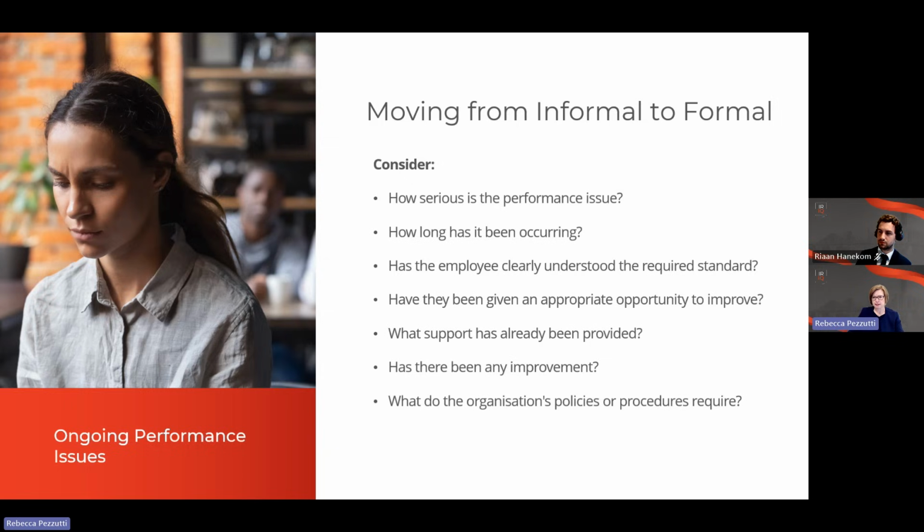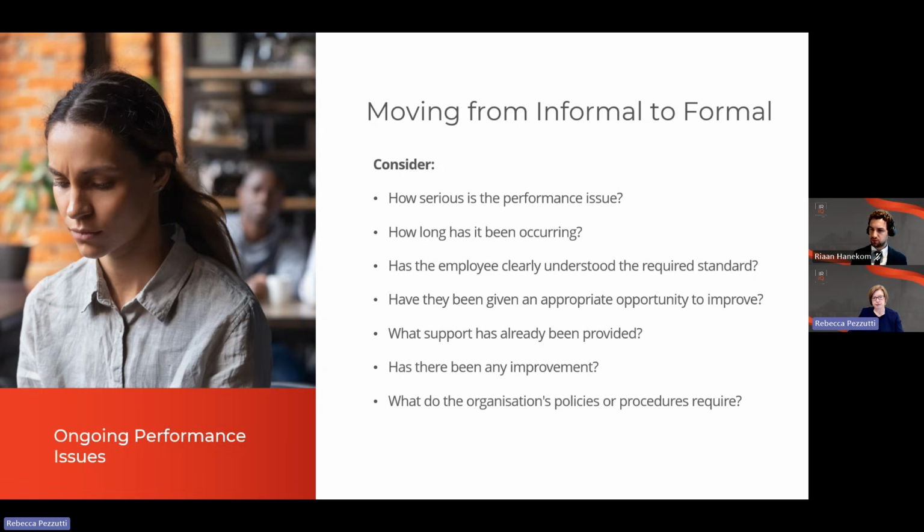And in this dot point list on this slide here, some of the more common considerations around the decision to move to a formal process are listed. And I think that the seriousness, how serious is it? What impact does it have on the business, or the organisation's performance, is a critical question.